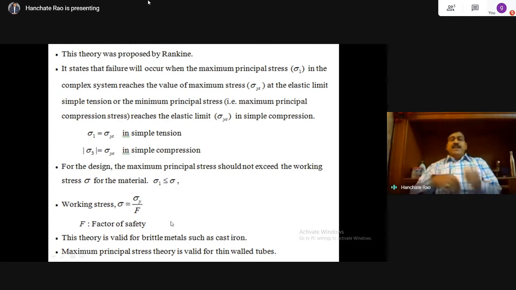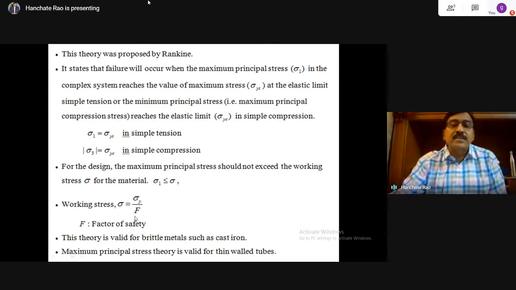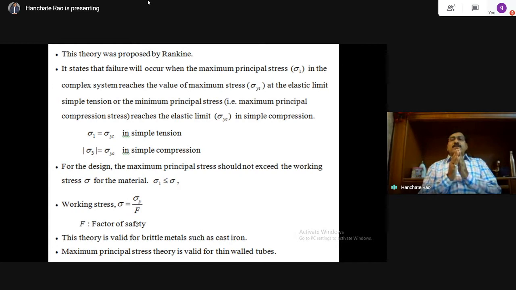Generally, for design purposes in the working stress method, we don't use the yield stress sigma y. So we use a factor of safety.